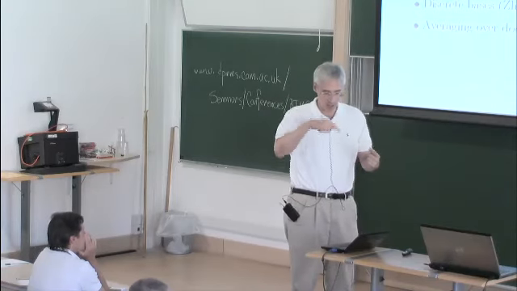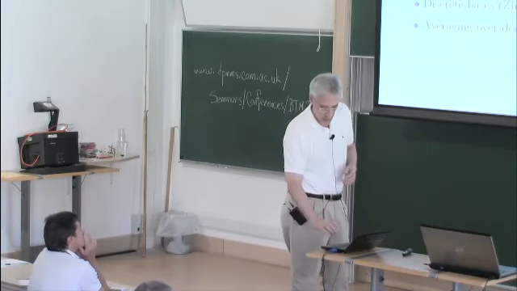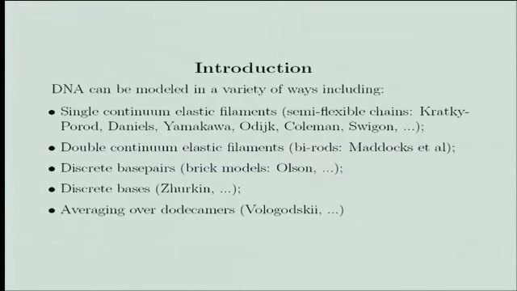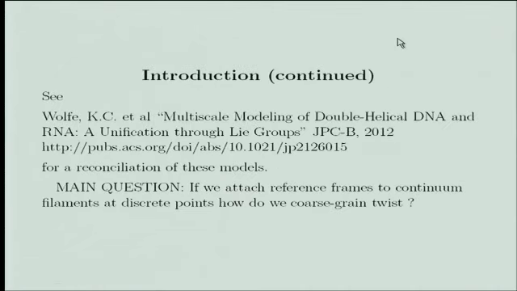And then there are models involving averaging over a number of base pairs. You can take many of the people on this list and permute the names across the different areas because they've all worked on various aspects of these different models. We just had a paper from my group published recently on relating these different models to each other and taking the parameters from one model and putting them in the other models, etc.